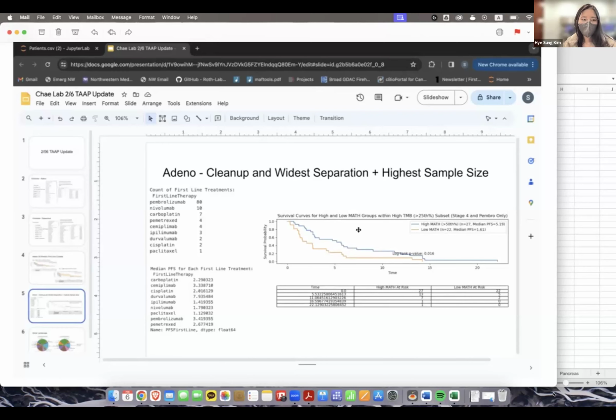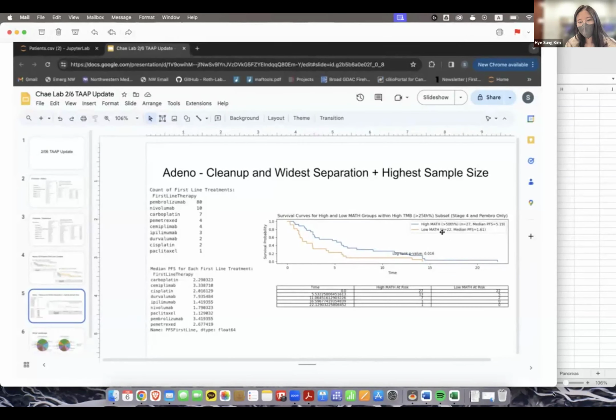So here, even though this is still amongst high TMB individuals, there's actually a switch in the trend compared to the previous chart that I showed. Amongst high TMB individuals, those with high heterogeneity actually do better than those with low heterogeneity.